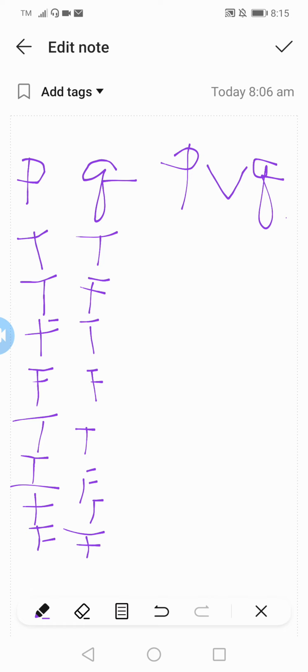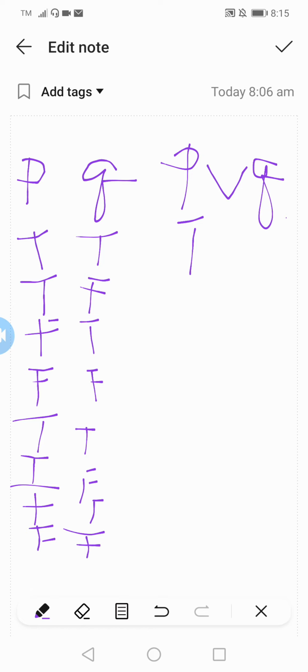So that will be the rule for the disjunction. Since P and Q are both true in the first row, we can say P or Q, the truth value will be true. Okay, the truth value will be true since they are both true.